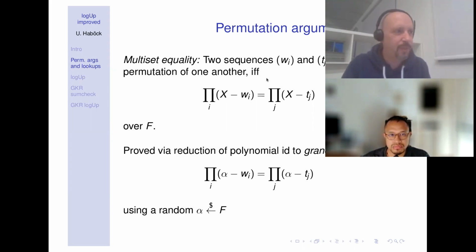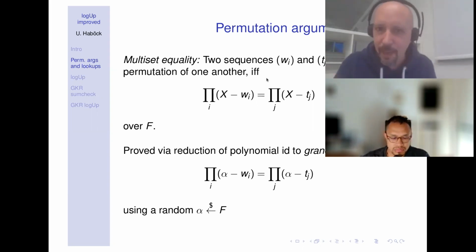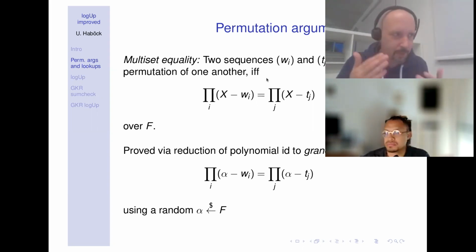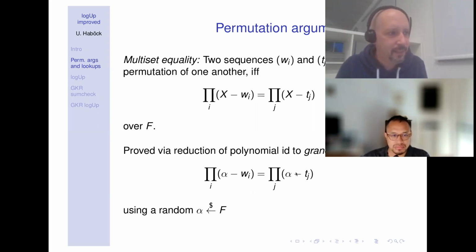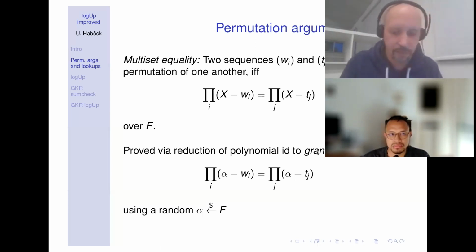And how is that proven? The polynomial itself is kept virtual, but one samples a random value alpha for x and proves that identity at that random point instead, which leads to a grand product. And if you use grand product arguments from Plonk, that's efficiently doable.